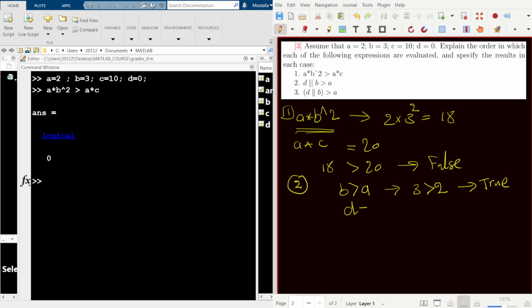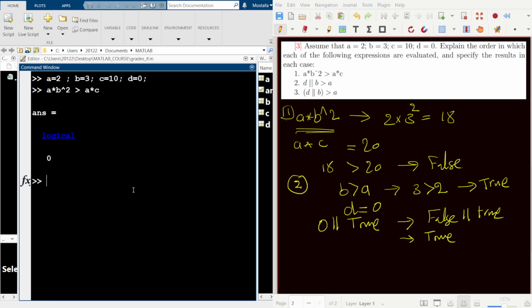Similarly, the value of D is 0. And then the question is 0 or true. And remember, in MATLAB, 0 means false. So this basically is false or true. And that makes the final answer true, right? So false or true, the final answer is true.